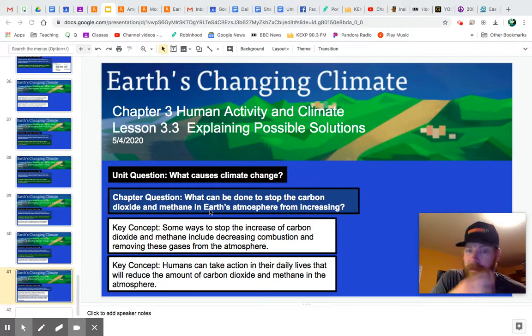Also, humans can take action in their daily lives that will reduce the amount of carbon dioxide and methane in the atmosphere. There were some solutions mentioned in the article, like taking mass transit instead of driving your car everywhere, which most of you don't do anyway, but that we noticed.